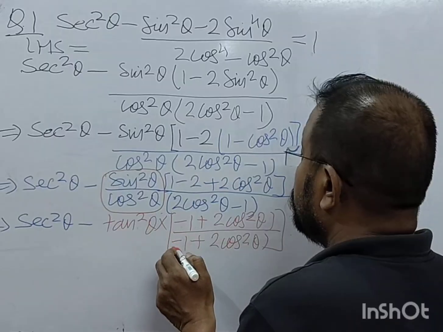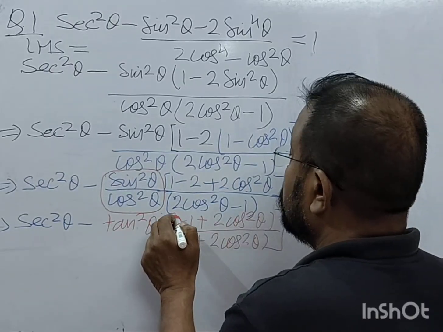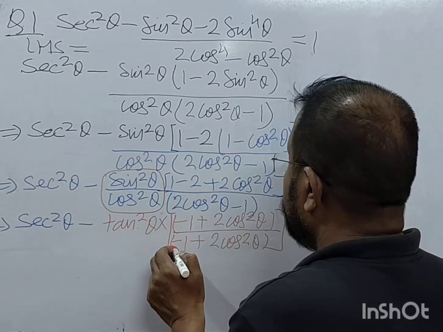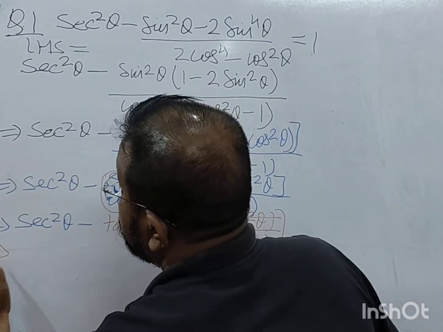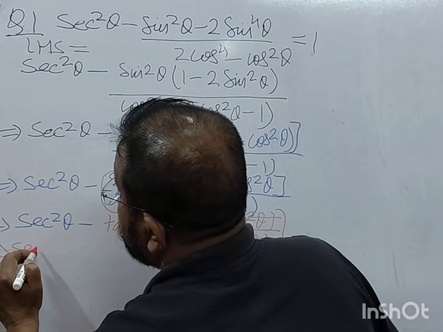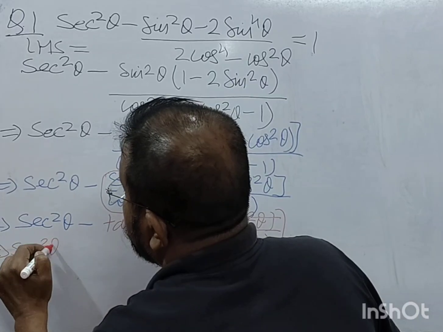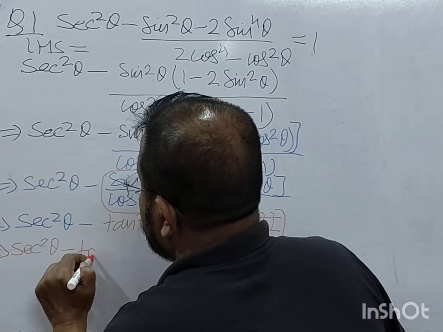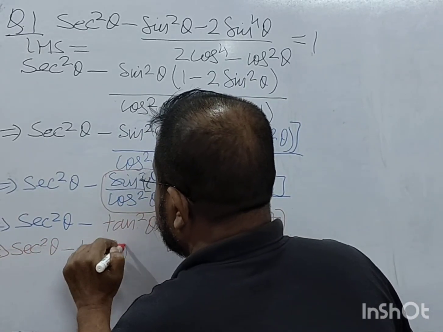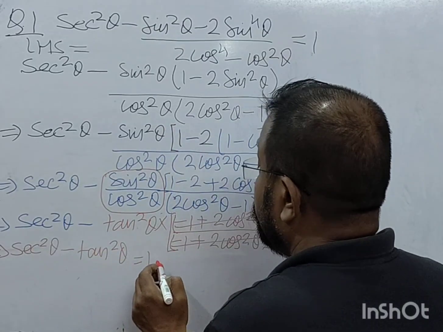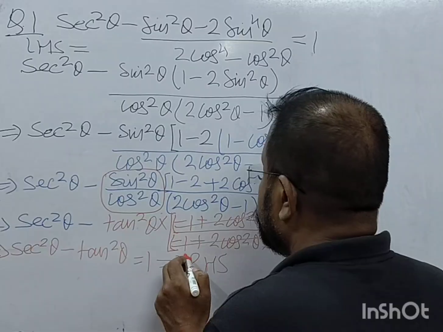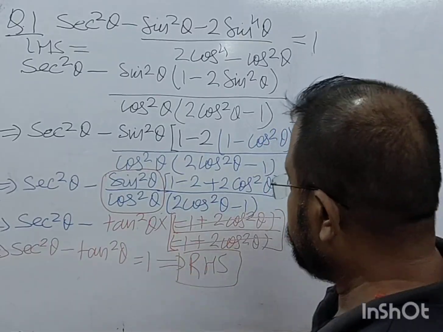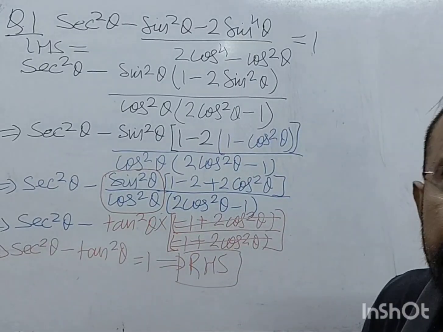So they both cancel out, and lastly you get sec square theta minus tan square theta is equal to 1. That is equal to RHS. This is the solution. You have done this?